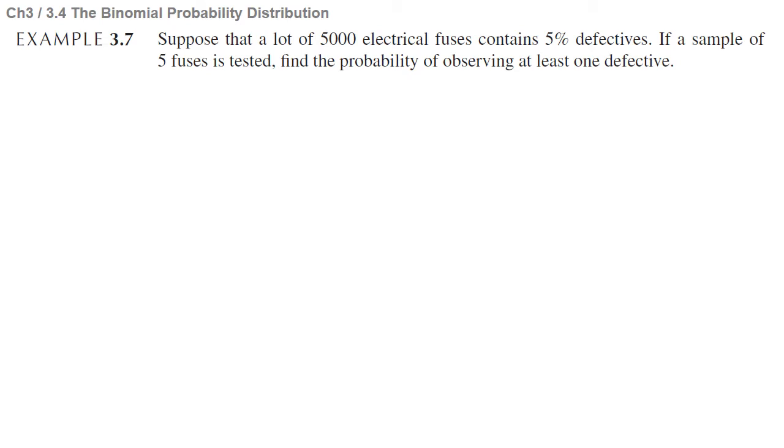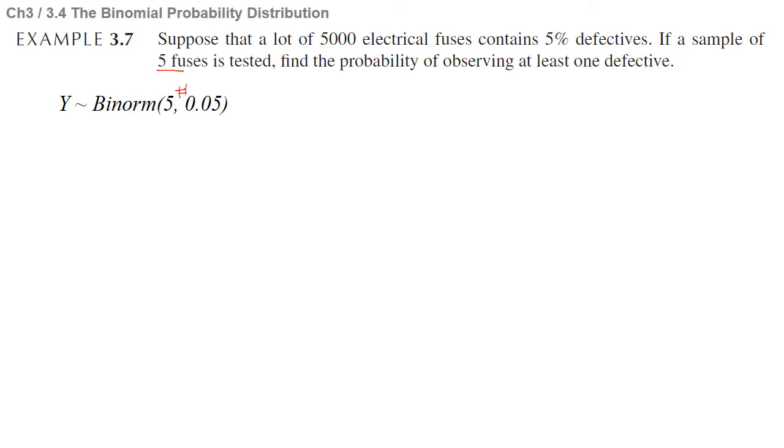So the problem is to find at least one defective, and what would be the probability of the number of defectives. So you sample 5 fuses, and the number of defectives would follow a binomial distribution.